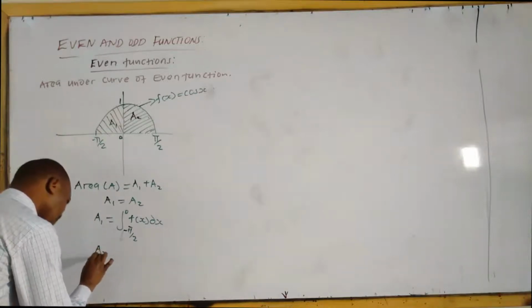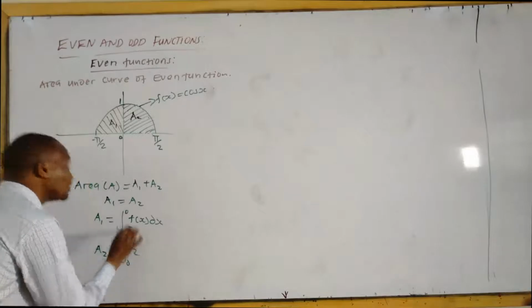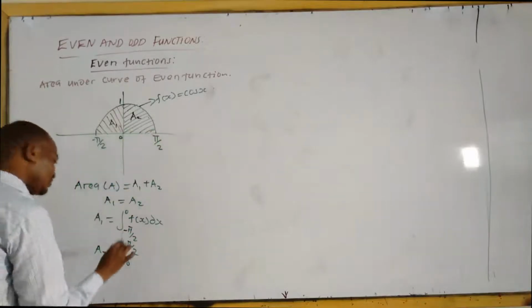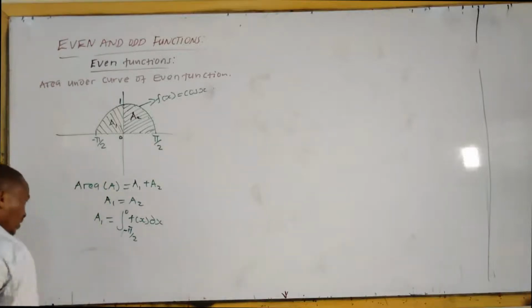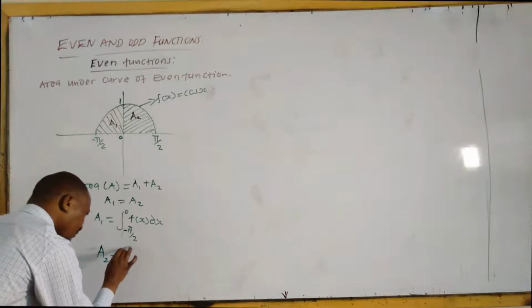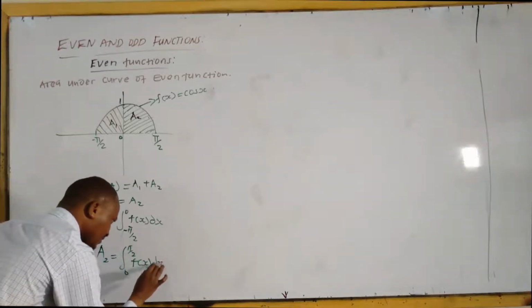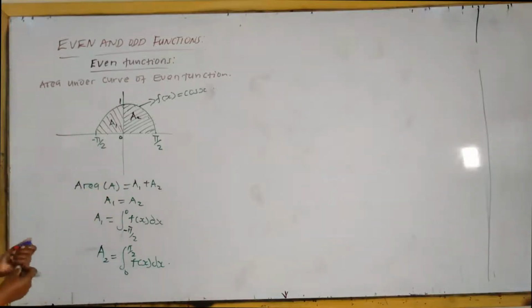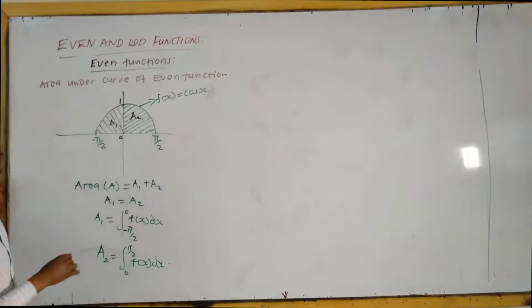Area 2 is equal to the integral from 0 to pi over 2 of the function of x with respect to x. But the two areas are equal.